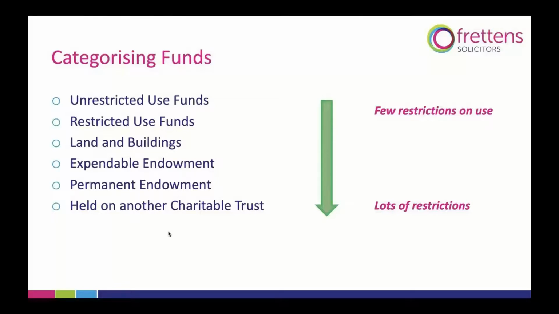Moving down the scale, you have restricted use funds, which will be for a particular purpose within the scope of the charity. So restricted use funds might possibly fund one employee of the charity, but perhaps not the payroll as a whole. So restricted use funds may be available to pay some of the creditors, but possibly not all of the creditors. Then you have land and buildings where there are legal restrictions on being able to sell or mortgage them.